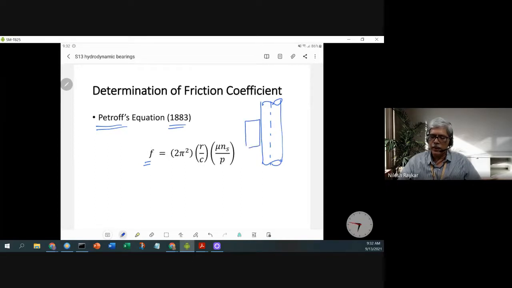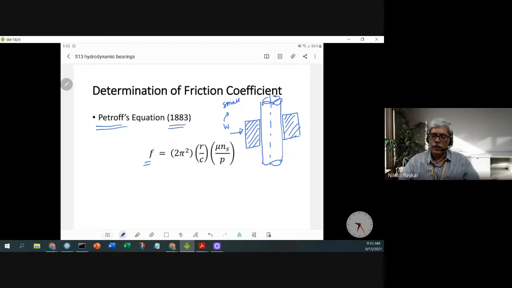It was not strictly a hydrodynamic bearing; there was a sleeve and a journal, and he considered the sleeve to be subjected to a very small load. So a lightly loaded bearing is what he considered, whereas we are talking about high loading conditions. But the important part is that the equation he developed reveals some of the major parameters that cover this particular hydrodynamic bearing design.